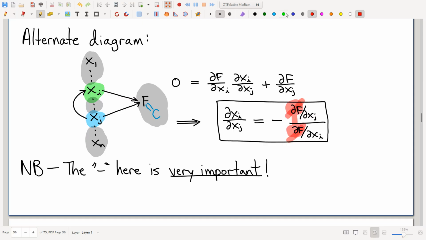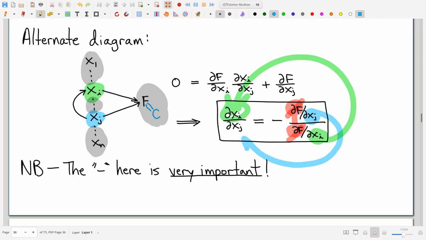And wait a minute, isn't the denominator of my denominator my numerator? Kind of like so. And wait a second, isn't the denominator of the numerator the denominator? Kind of like so. And hey, wait a minute, doesn't this work without the minus sign?